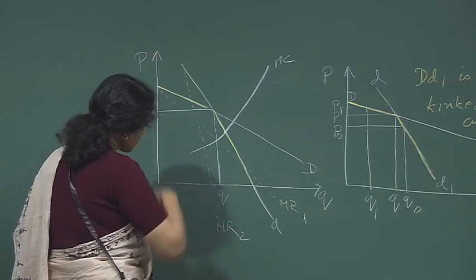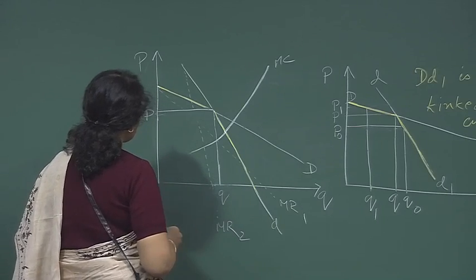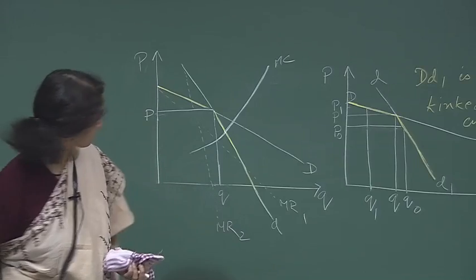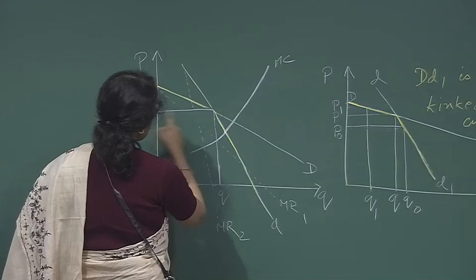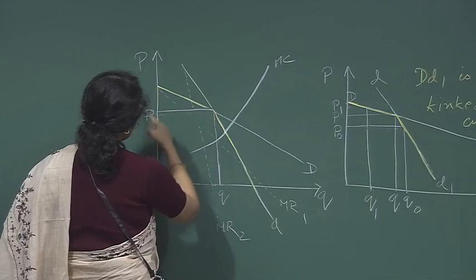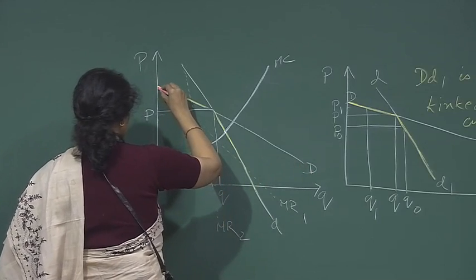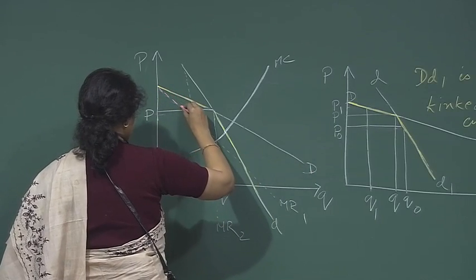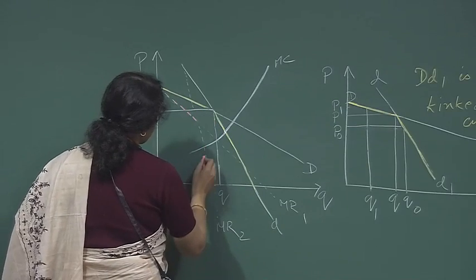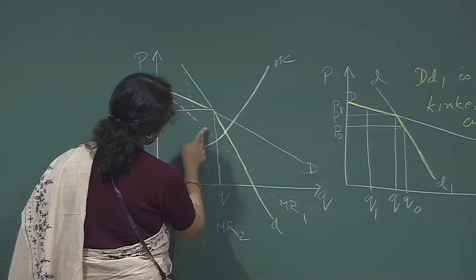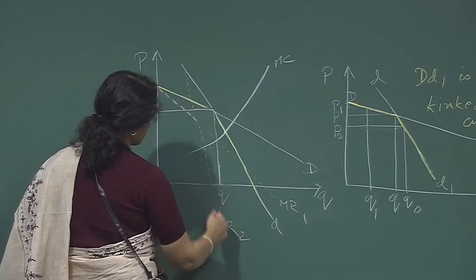Now, what does the marginal revenue curve actually look like? Till P, this is P, the marginal revenue curve follows the marginal revenue of the flat demand curve, and then it is the marginal revenue of the steeper demand curve.